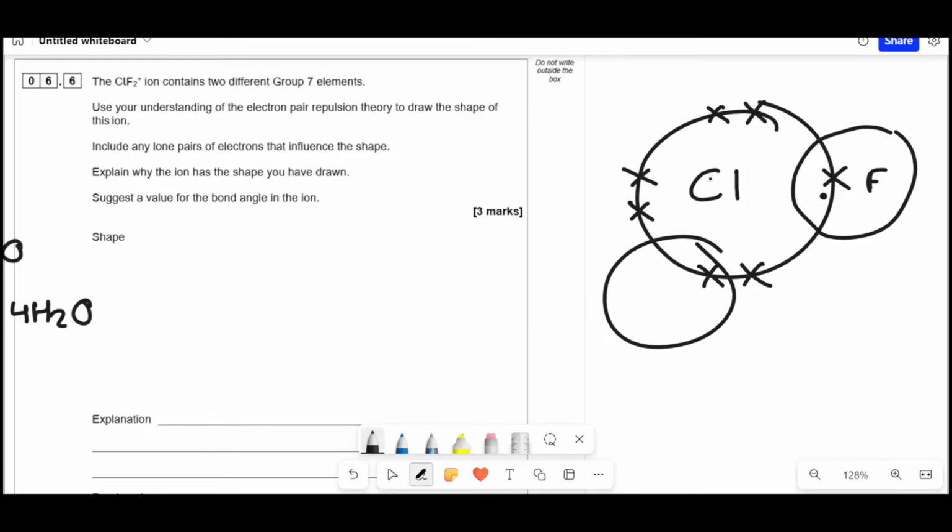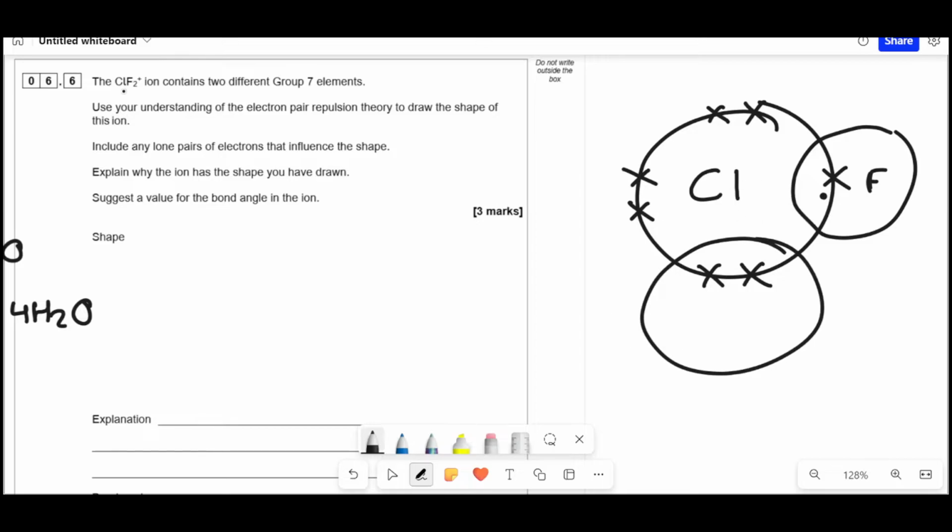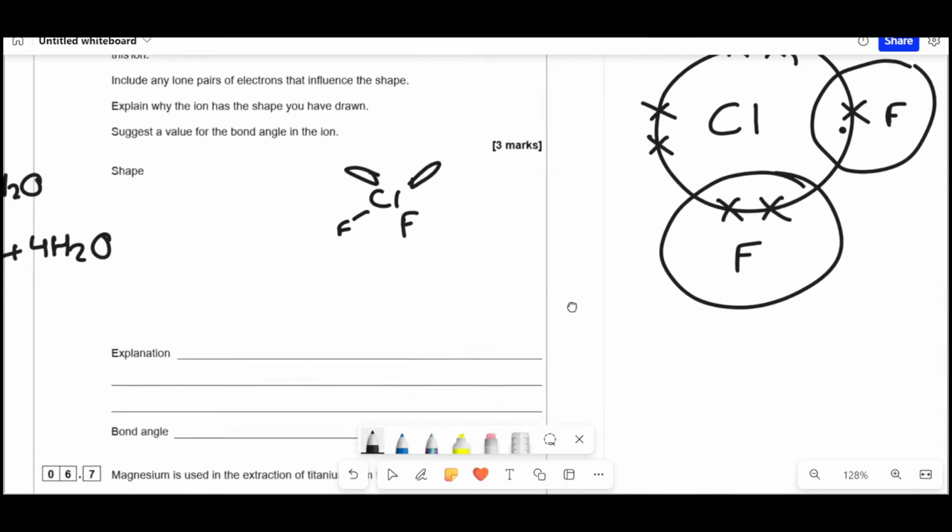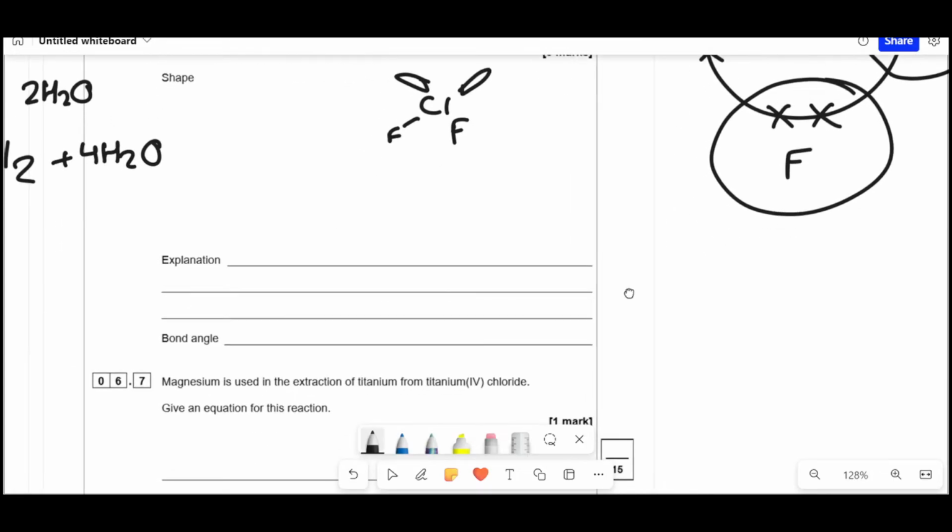So it's evident that this Cl must have given away 2 electrons to an F as well, for it to be short of an electron overall, if that makes sense. So 2 of these must have come from the Cl, and this F didn't provide its own. So that means this is what it must look like. So its shape is like that, and we have 2 bonding pairs, 2 lone pairs.